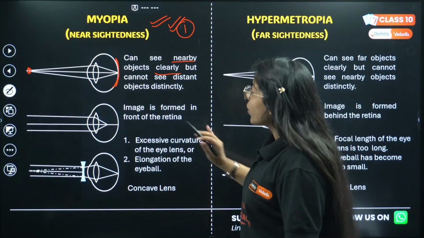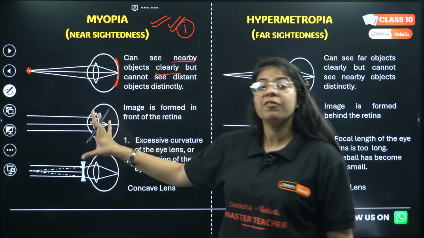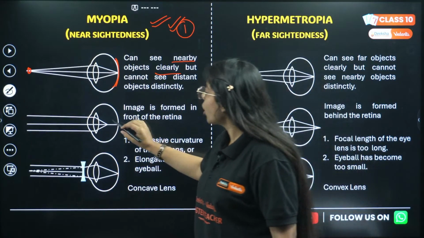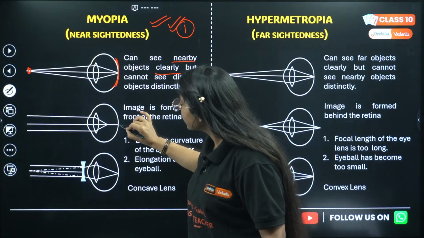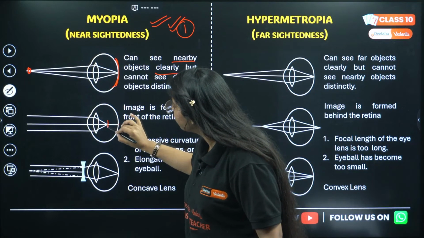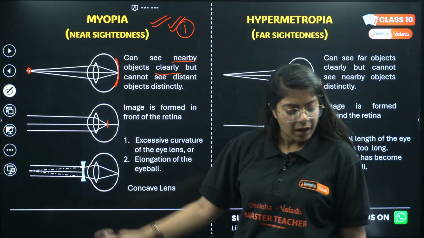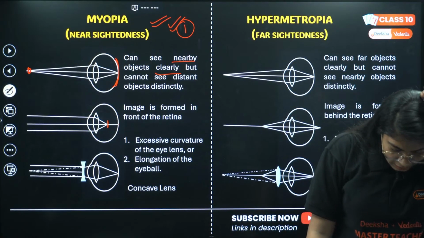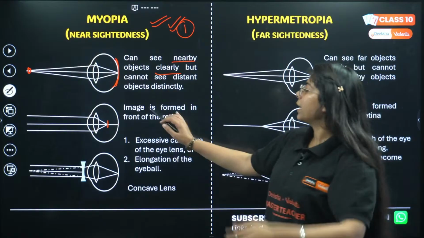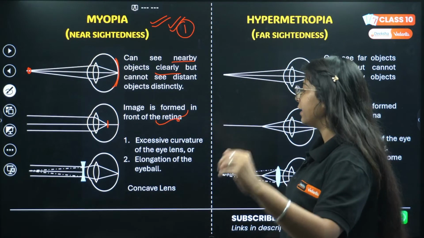In a myopic eye, if the rays are coming from a far away object, they are not getting merged on the retina. Instead, they are getting merged in front of the retina. So the image is formed in front of the retina instead of on the retina.